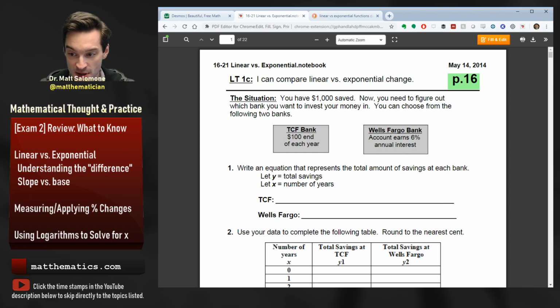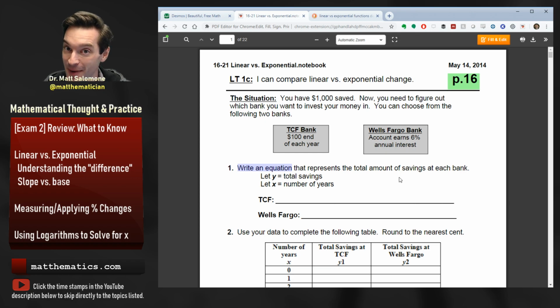And as much as I want to applaud my former school district for having this really nice resource that's available on the web for us to use, one thing I don't like about it is that the very first thing this exercise asks you to do is to take the information that's given and immediately write an equation.